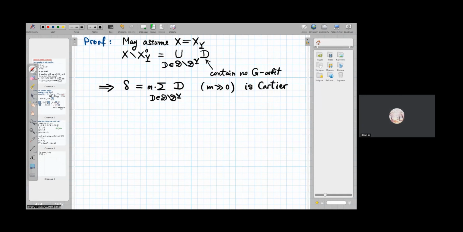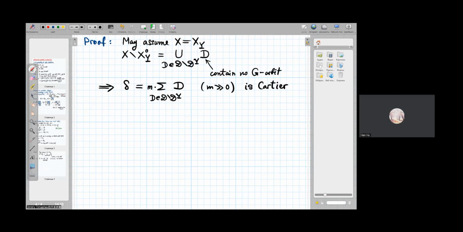If a G orbit is contained in the union of D's, because it is connected, it should be contained in one of these. But no one of these D's contains a G orbit. This is because they do not contain the closed orbit.